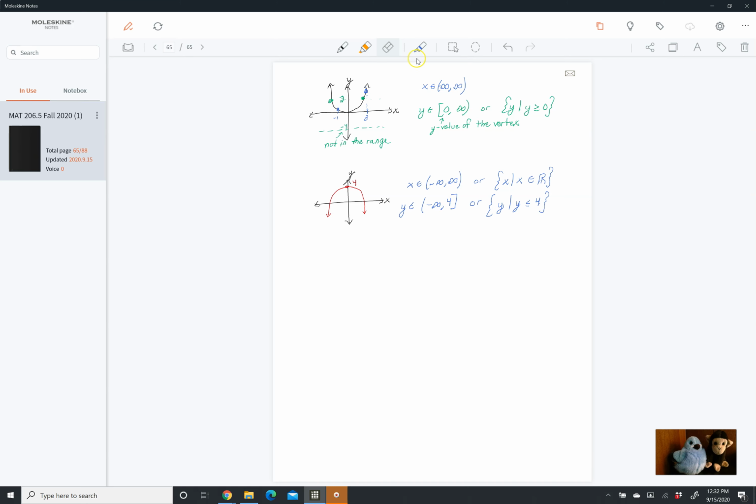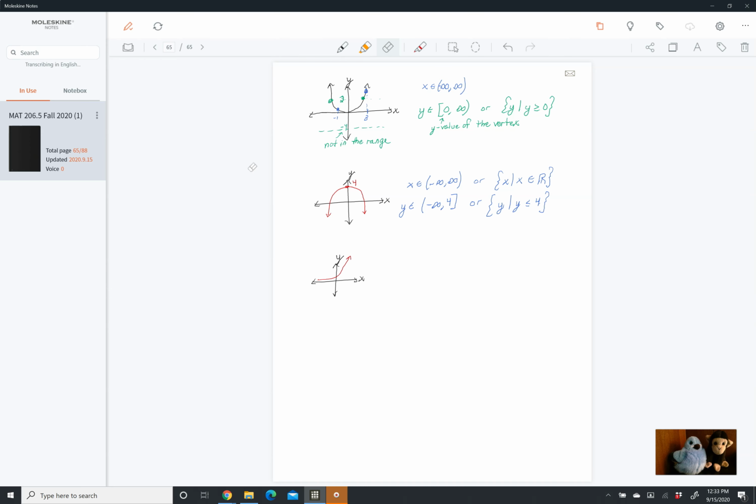Okay. Let's do one more type of graph. Let's say that we do the exponential. Again, some of you may have seen the exponential before. So the exponential graph looks like this.